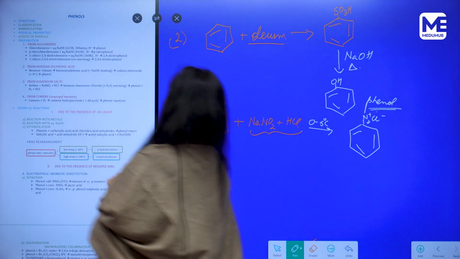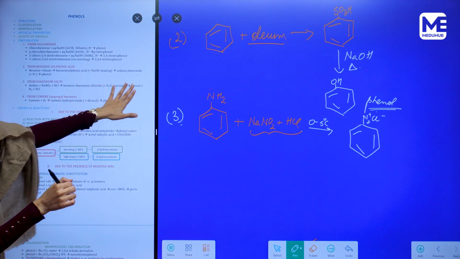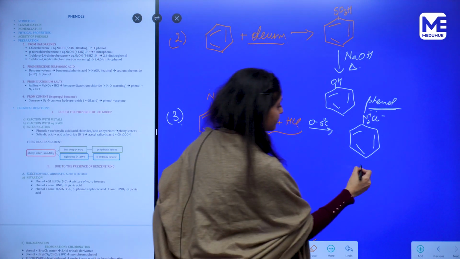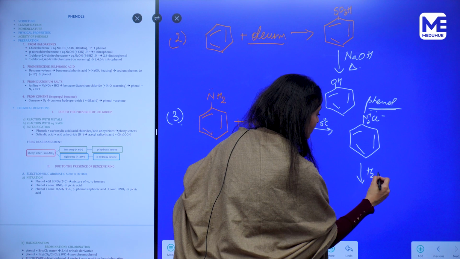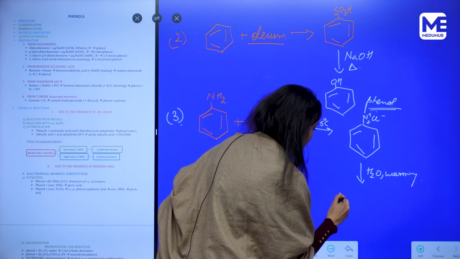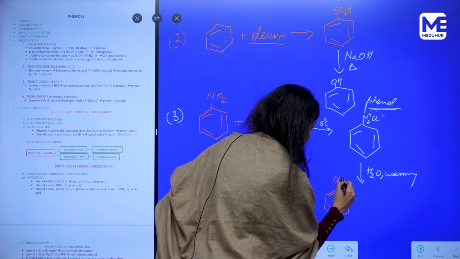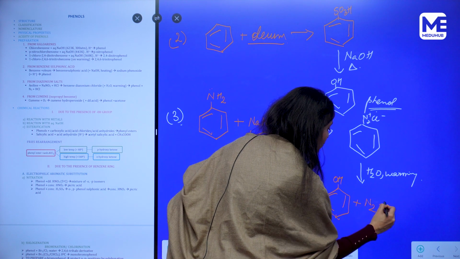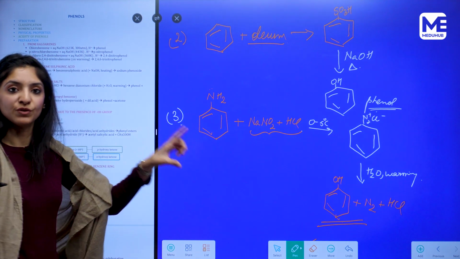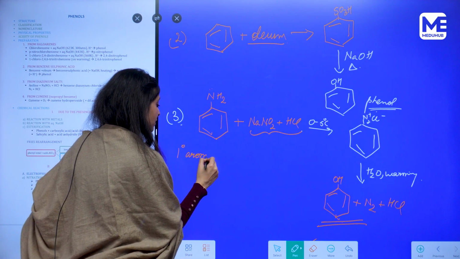So this is our diazonium salt. This diazonium salt, when warmed with water, gives us phenol, N2, that is nitrogen gas, and HCl. So this is how phenol is prepared from a diazonium salt. For that, we need to start with a primary aromatic amine.